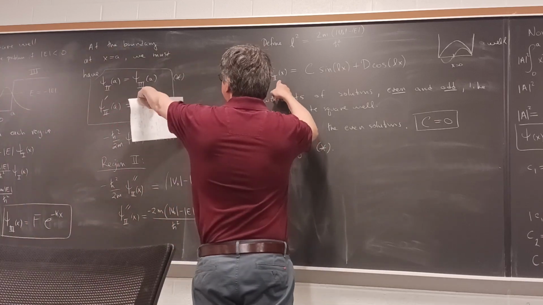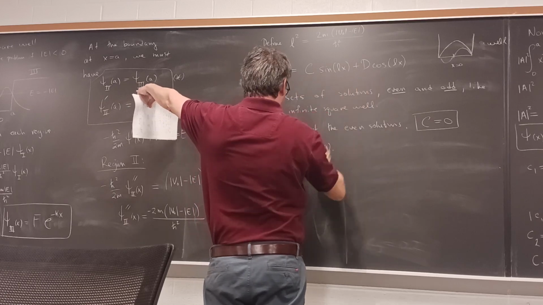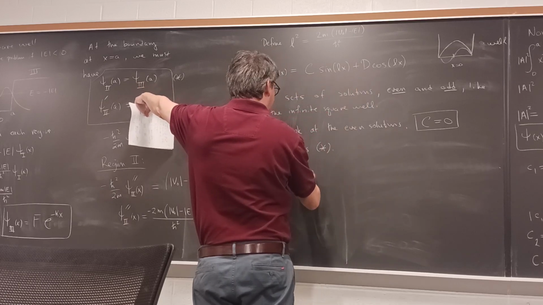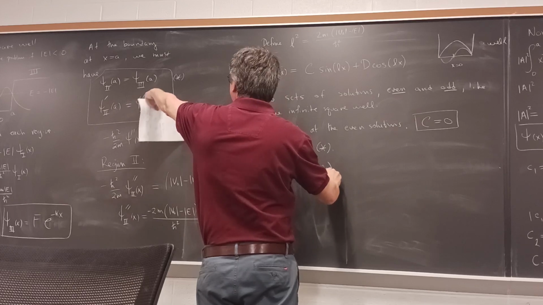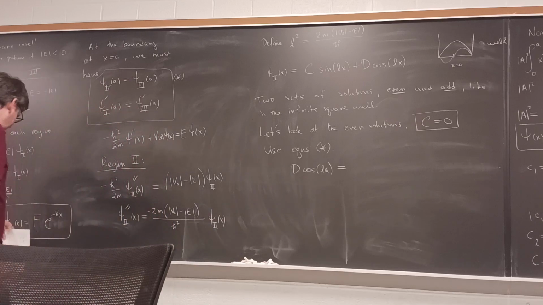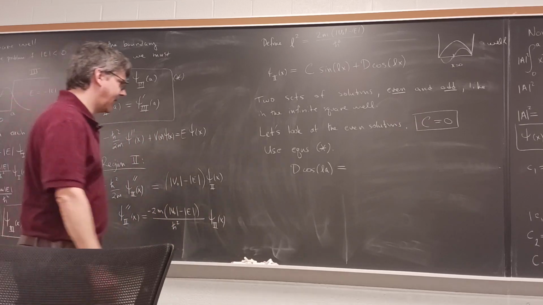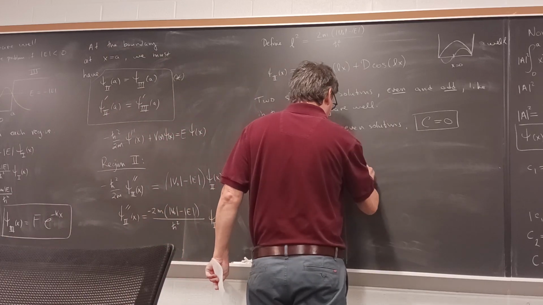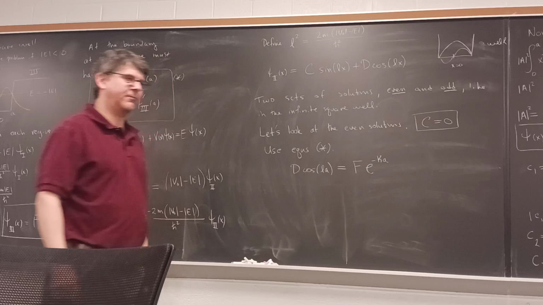So psi 2 at a, if c is 0, will be d times the cosine of LA. And that has to equal psi 3 at a. And psi 3 at a will be f e to the minus kappa a. That's the first equation.